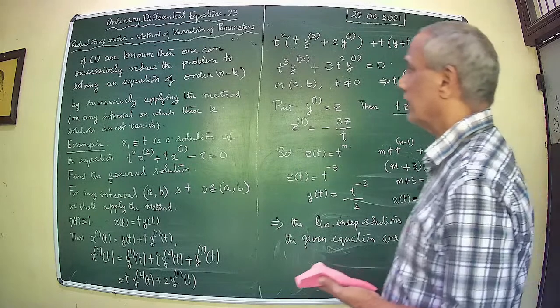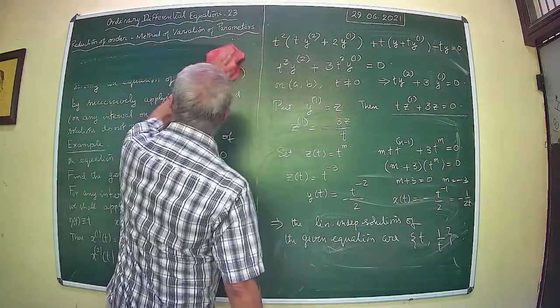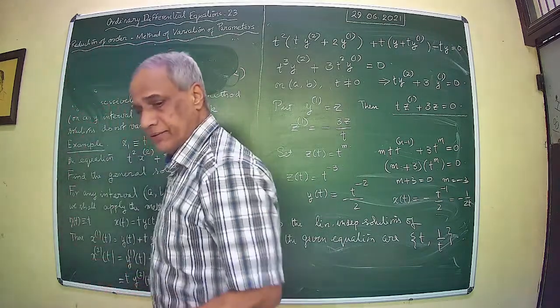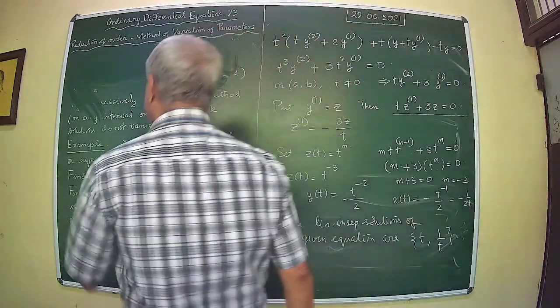Now we look at the method of variation of parameters. So the next problem that we take up is the method of variation of parameters. We just write it down.